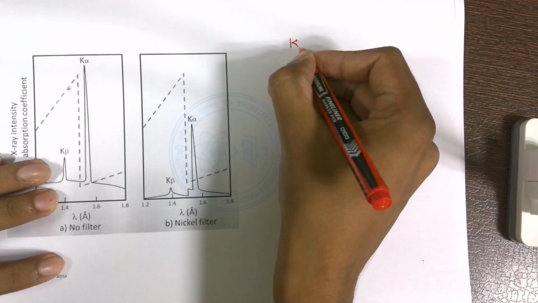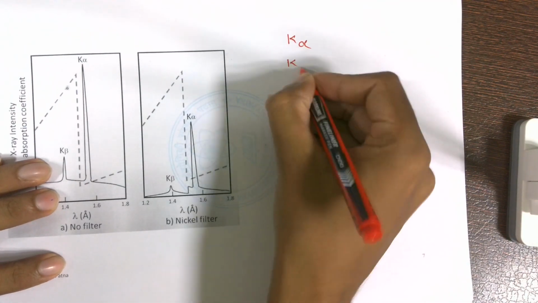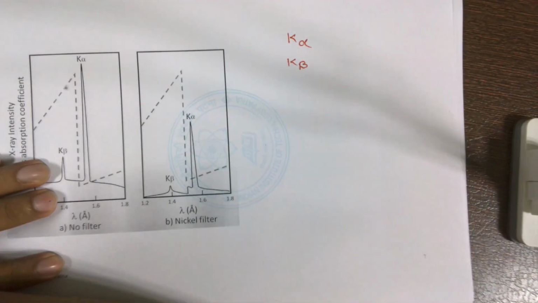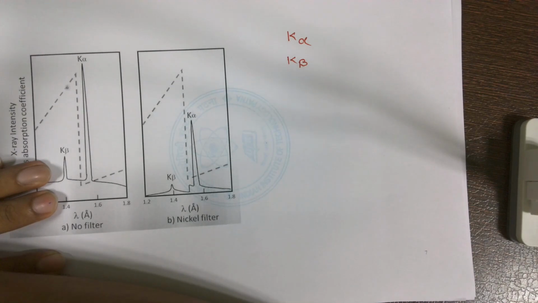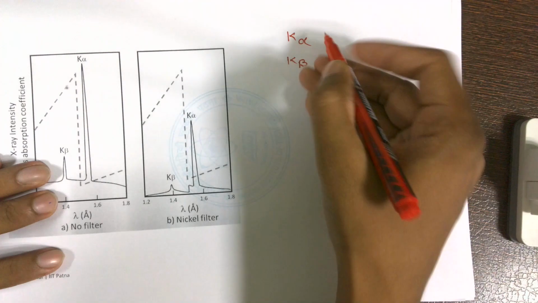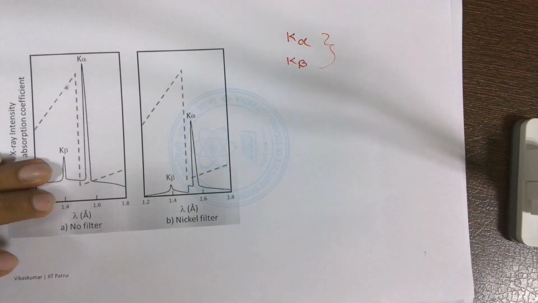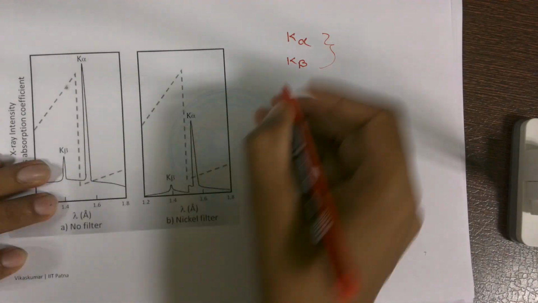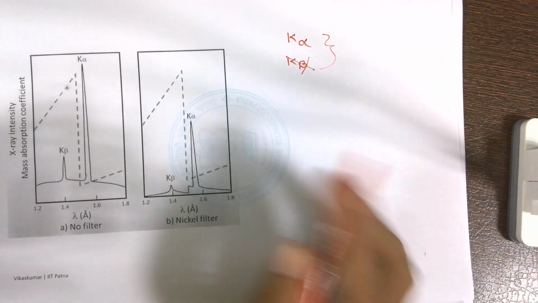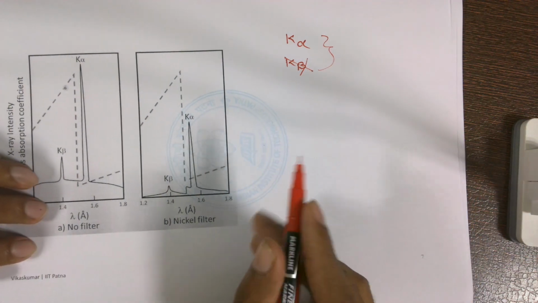We are going to talk about how we are going to separate K alpha and K beta. These two we want to separate. We don't want two wavelengths to exist in our X-ray, so we want to eliminate any one of them. It was easy to eliminate K beta, and how it is happening is something which we are going to see.